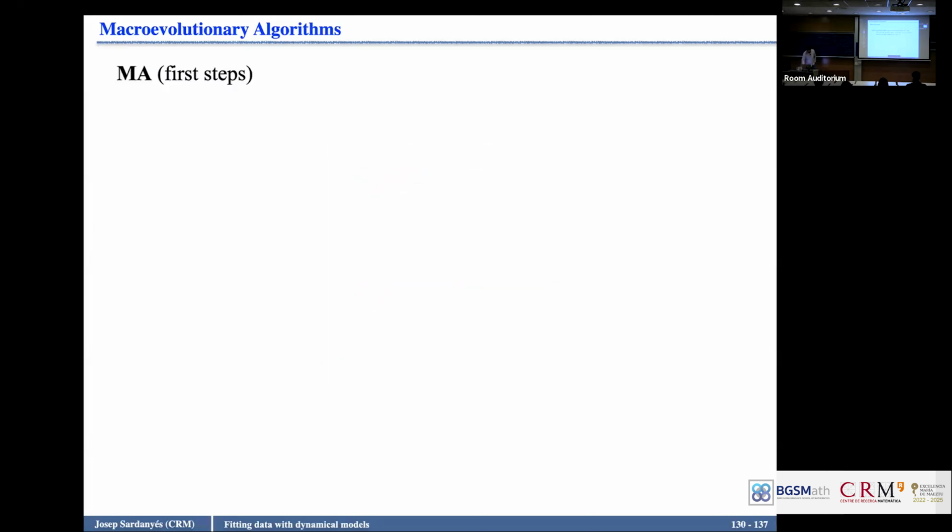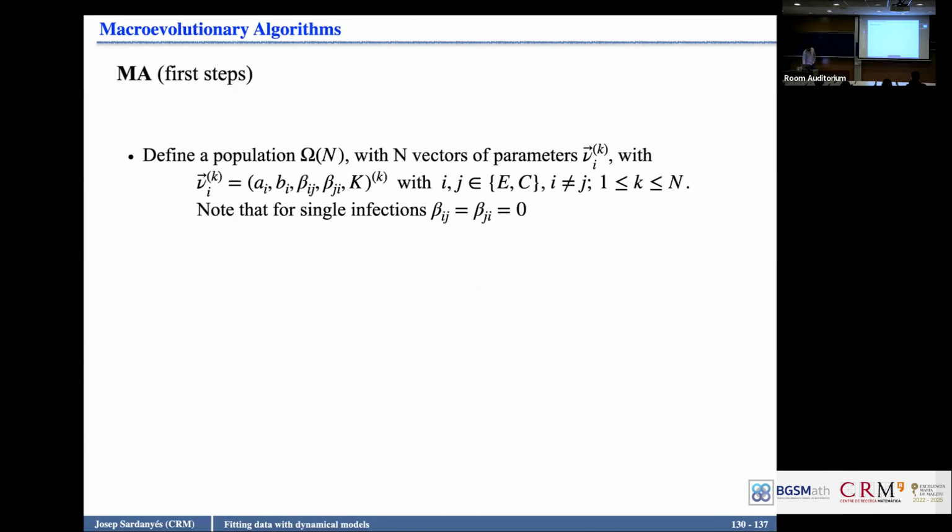Now I will explain all the steps that we did to apply a macroevolutionary algorithm to the data that we will see in a few minutes. So here we define a population omega n with n vectors.